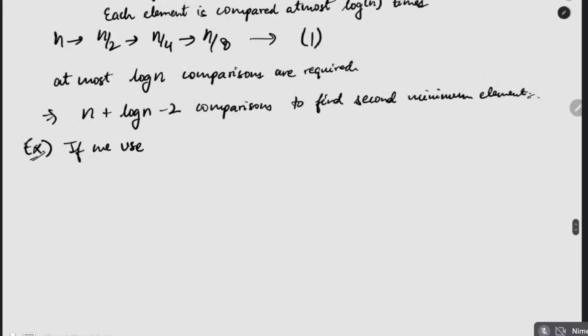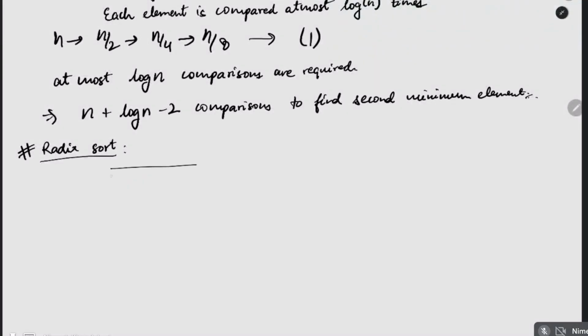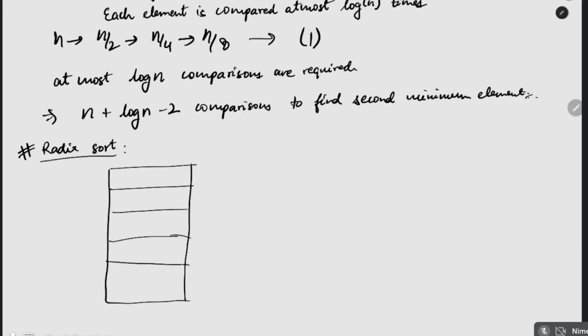Now let's take another one. Let's first discuss radix sort. In radix sort, what we do basically is divide the numbers in the array into equal chunks of bits.